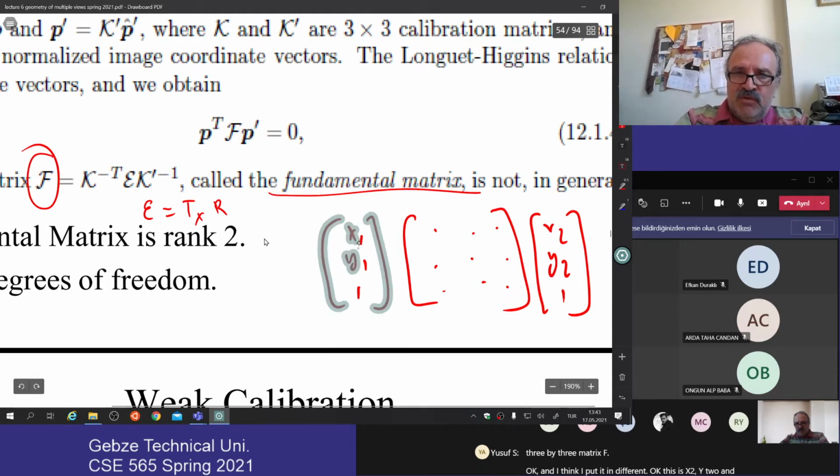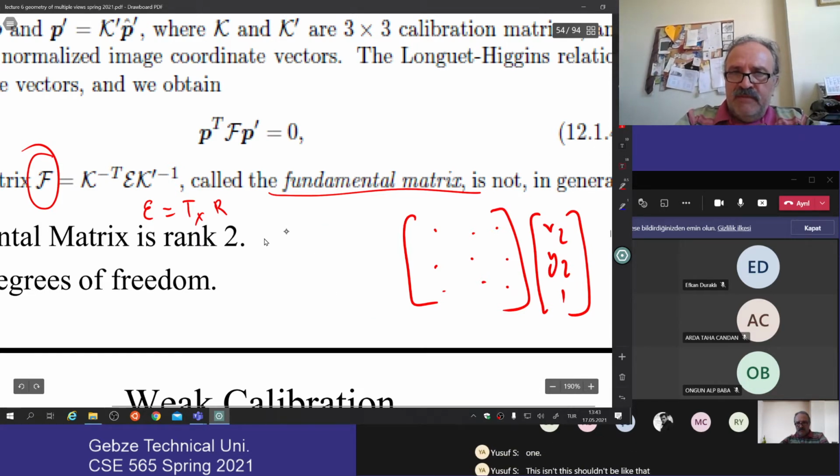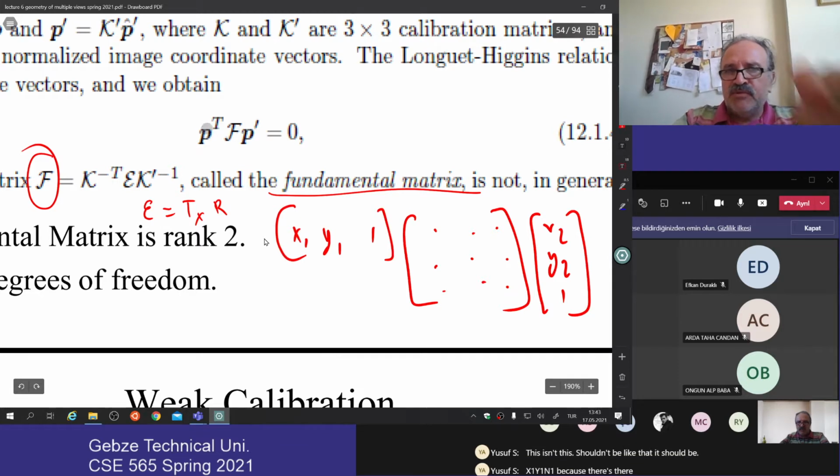This shouldn't be like that. This should be x1, y1, and 1, because that's the transpose, right?